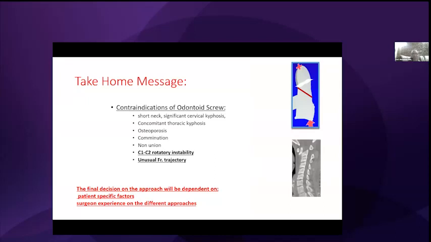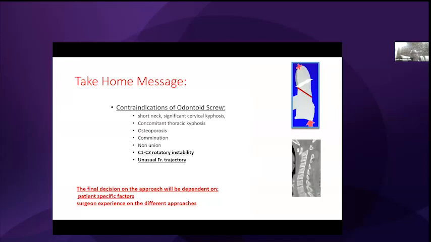My take-home message from this case scenario is that the odontoid screw is contraindicated if you have a patient with a short neck, significant cervical kyphosis, or concomitant thoracic kyphosis, because it is a technically demanding and challenging scenario for applying the odontoid screw.